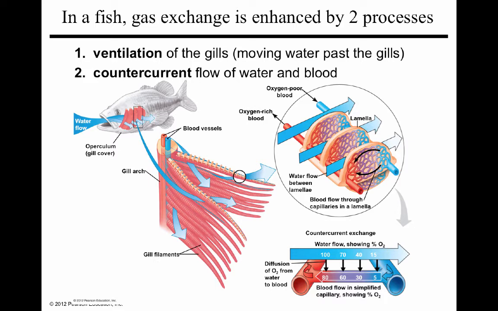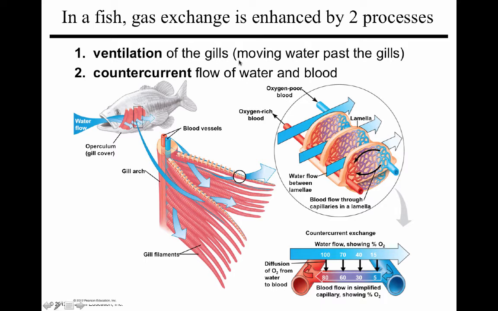The bony fish, the ray-finned fish and lobe-finned fish, also open their mouths, and the operculum, the covering of the gill, will also flap. You've probably seen fish do that. It flaps in order to pull water across. So that's the ventilation.